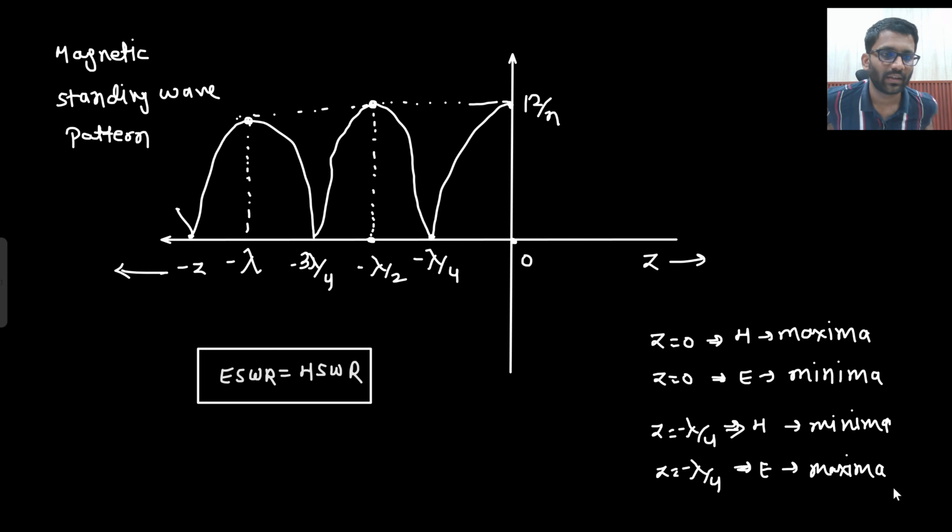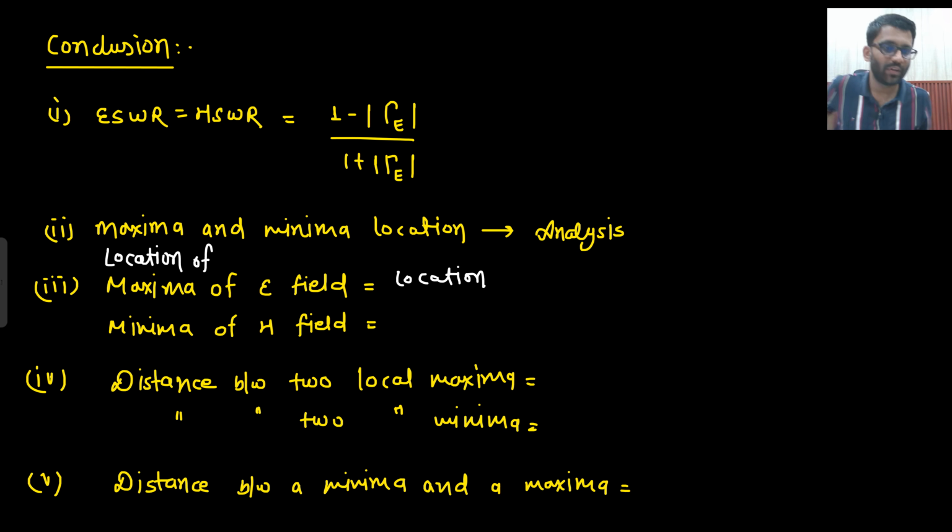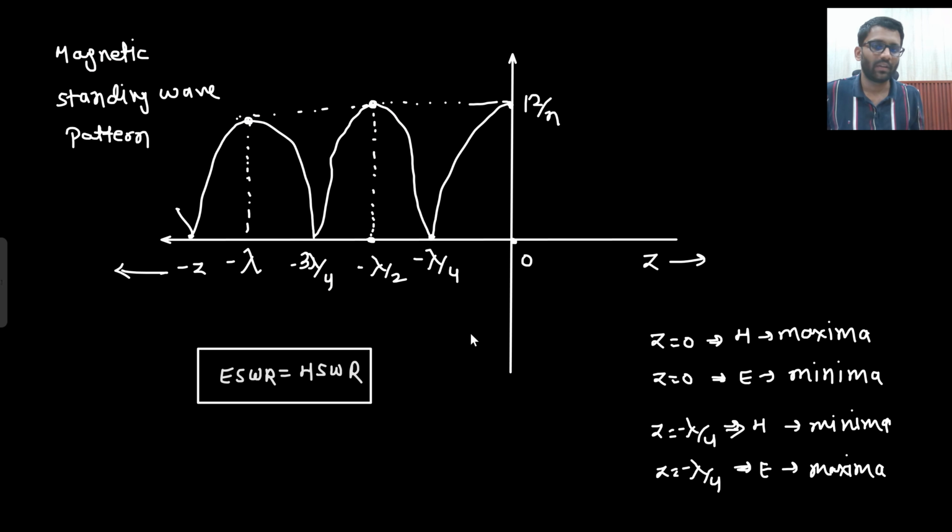Okay. So what I can write is that location of maxima of E field is equal to location of, I am not talking about magnitude, I am only talking about the location, that at lambda by 4 here I am having minima, but in electric field I was having maxima.